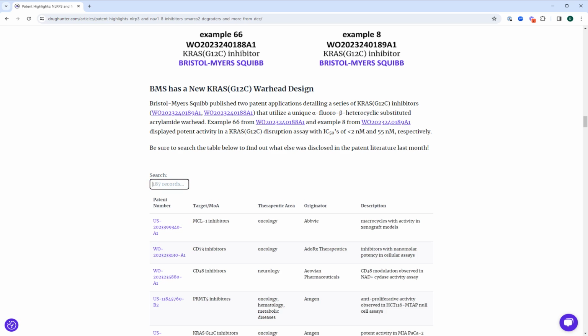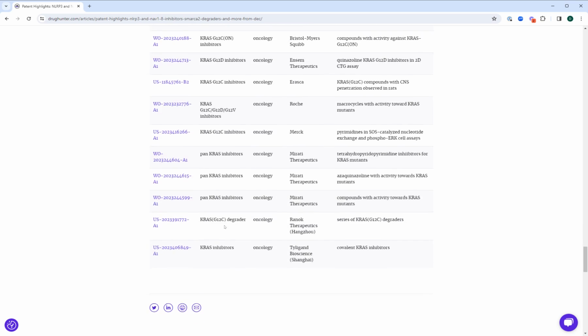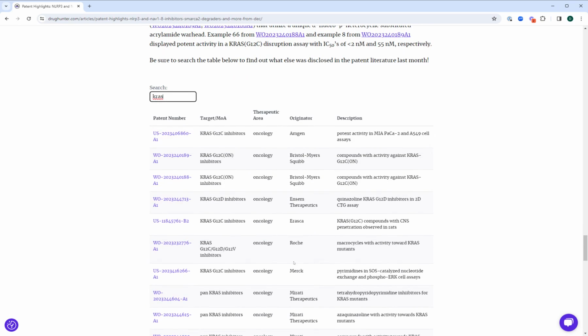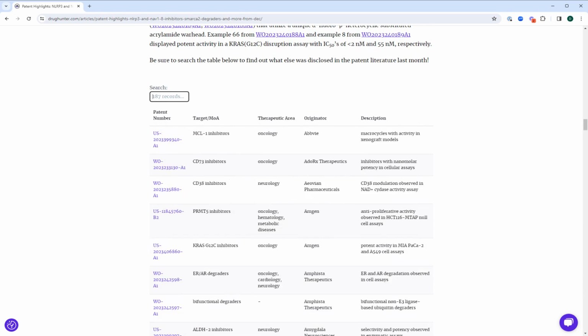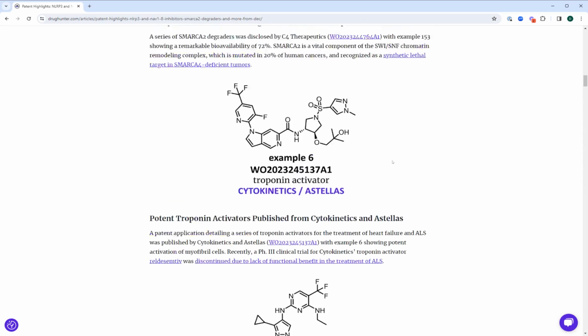So if you were interested in a specific target, let's say KRAS, you can quickly search the table and see what the patent activity on KRAS was in the month of December. That is a really useful type of format.